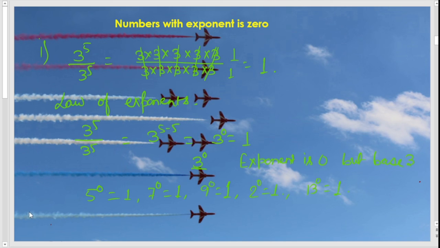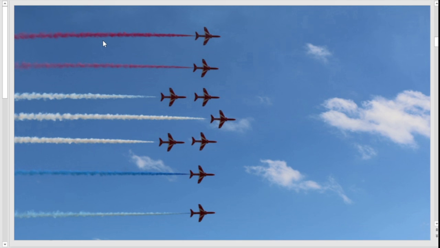With these examples, we came to know when exponent is 0, the number becomes 1. We can take other things also to understand it easily.